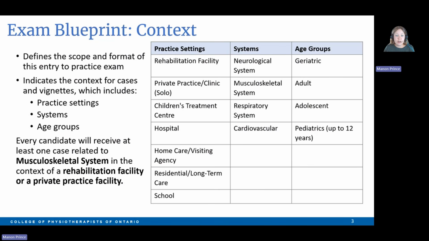These should all be areas that you would have touched on in your university studies, as well as through various practicums and clinical placements. One point to highlight is that every candidate will receive one case related to the musculoskeletal system in the context of a rehabilitation facility or a private practice facility.